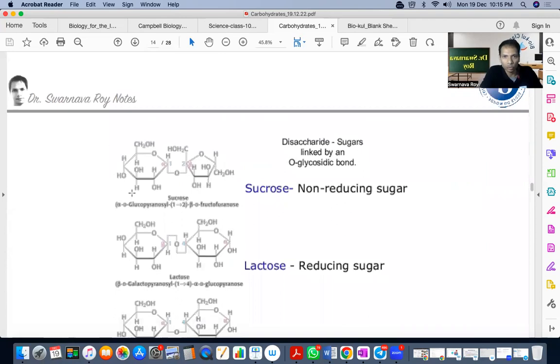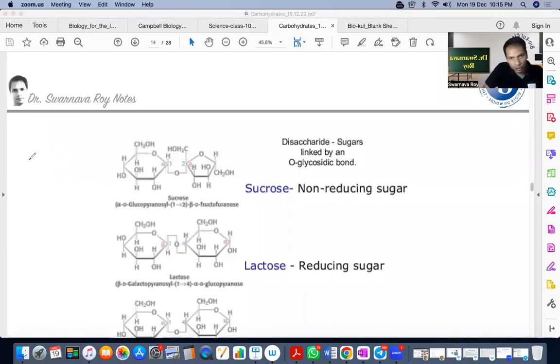And what we see here is this is the glucose, and this is the anomeric carbon. You see, this is the anomeric carbon. So if I have to draw here, this is the glucose, and this is the first anomeric carbon.